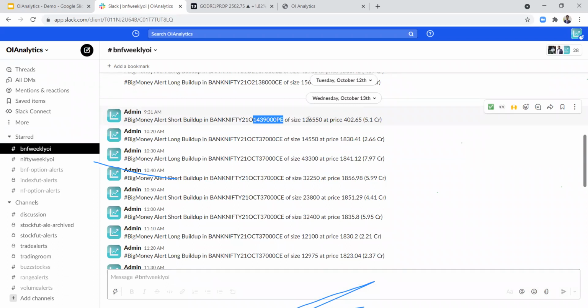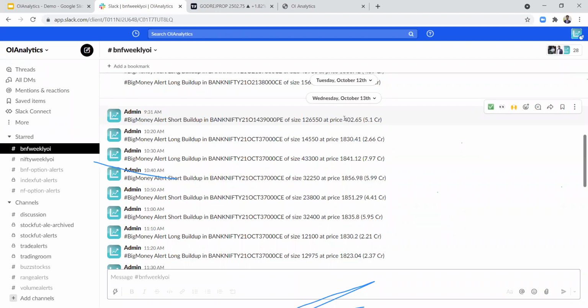About 126,000 quantity, which came up at 402. As per the rules, we had to execute this at this price and take a hedge of 400 points. That is, if you sell the 39,000 put, you buy the 38,600 put as a hedge, and you put a 100 point stop loss on the combined spread, right? Those are the rules of this particular system.